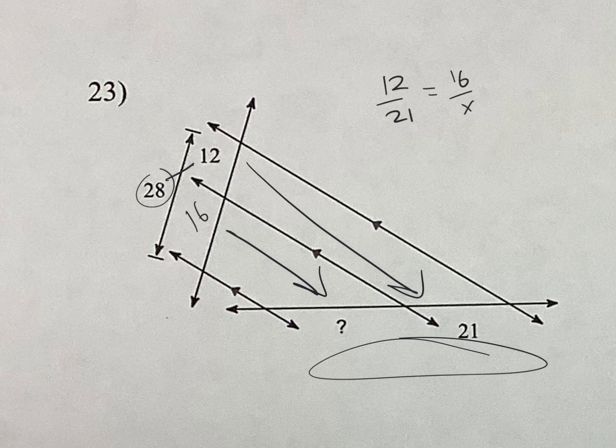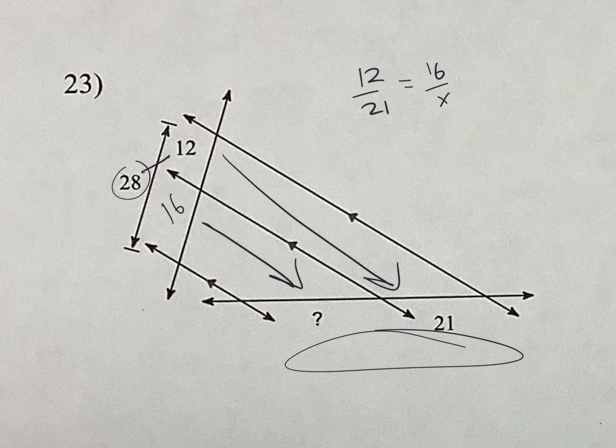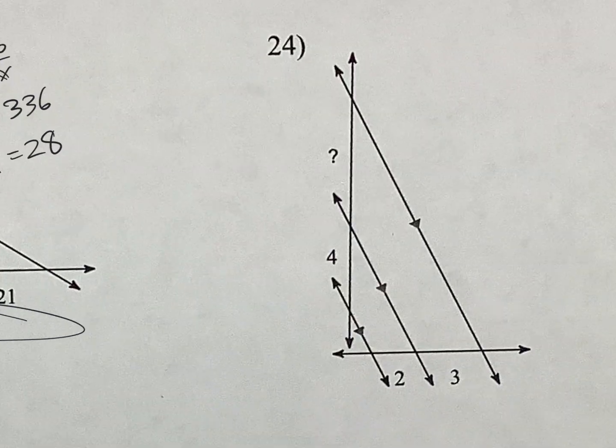But you can do the 21 minus x in that spot if you want. So cross multiply. 12x equals 16 times 21, and that's 336, divided by 12, and that gives you 28. Okay, so this is mostly about being able to set it up. I know you guys can cross multiply.